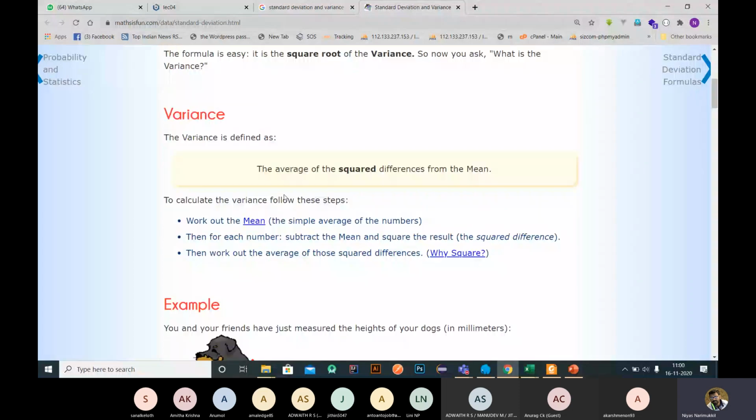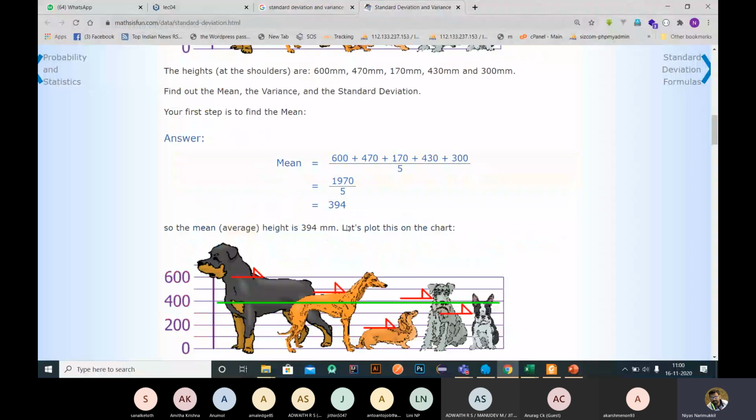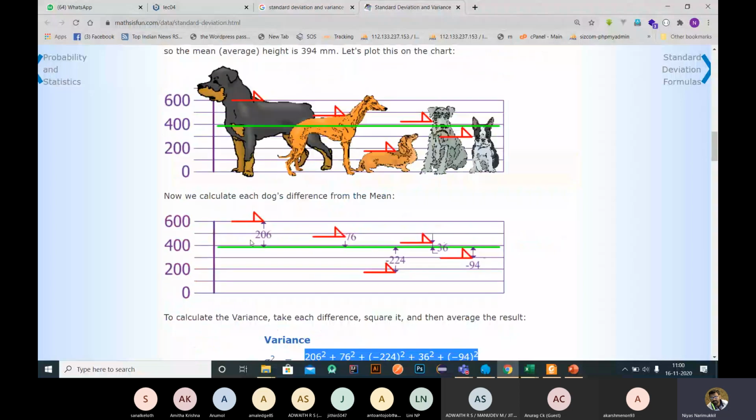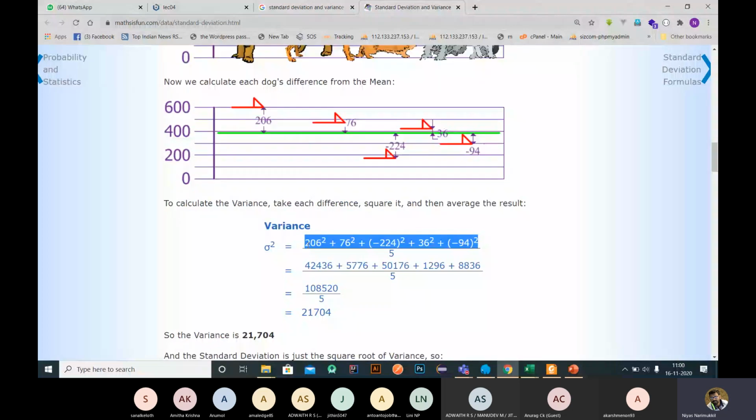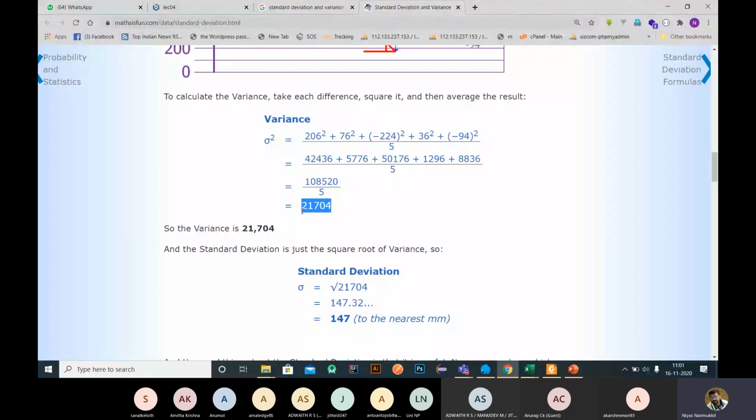Initially we find the mean, after finding the mean we find the differences, then the square of each difference, then the average of these. So we get the variance as 21,704.